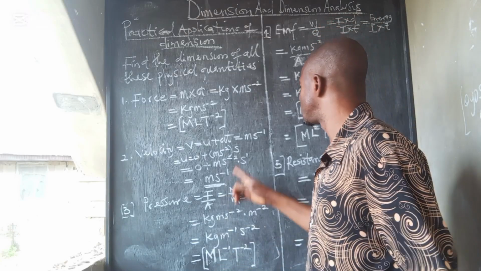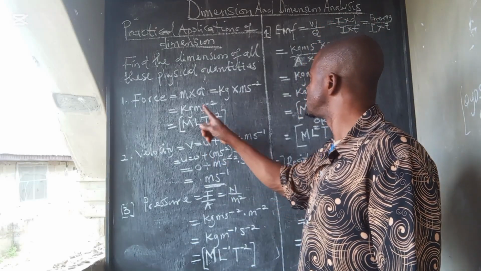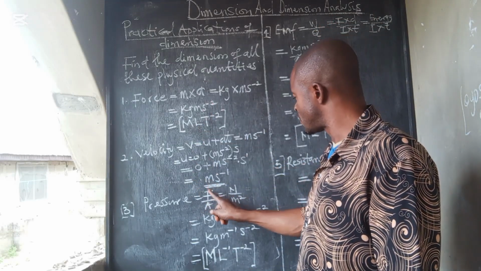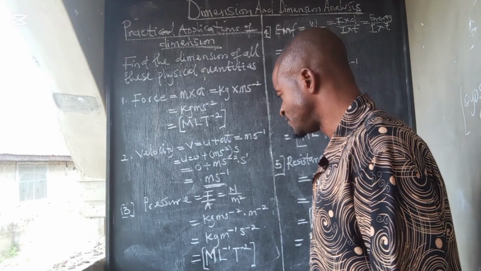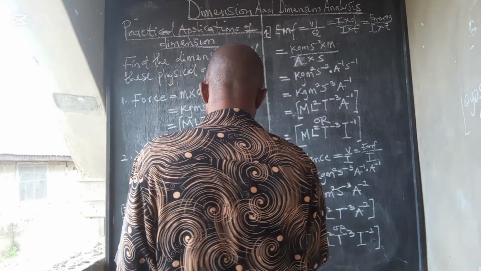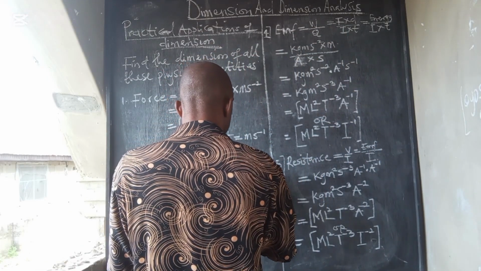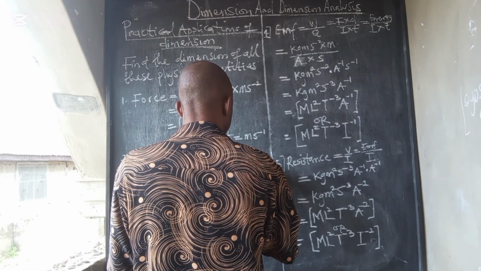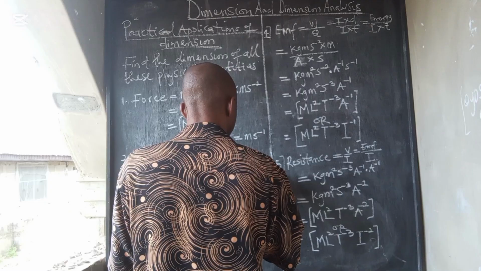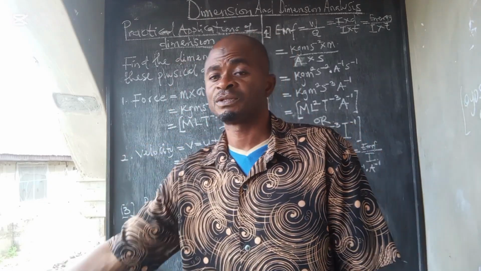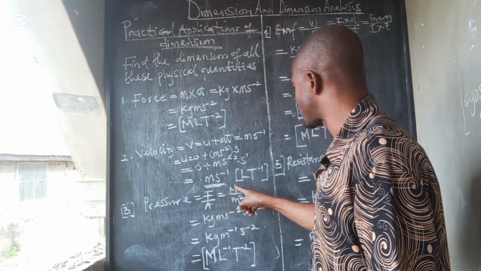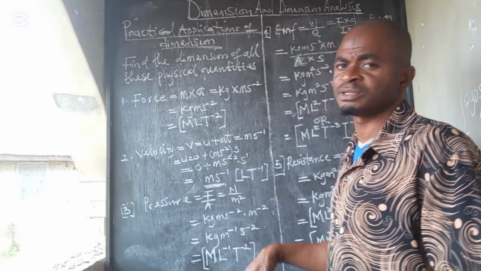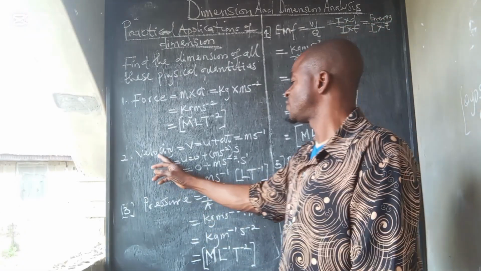Then what is the dimension? Wherever you see m, it represents L. The dimension of this is going to be L, T raised to power minus 1. Therefore you have LT^-1 for the dimension of velocity.